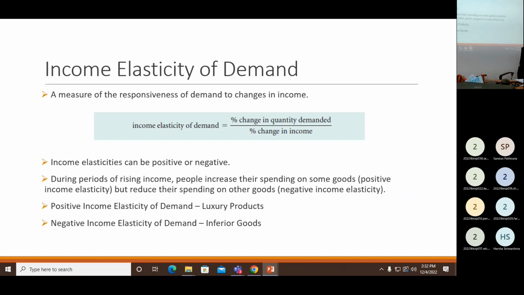If you get a salary increment next year, what would you generally do? Will you buy more groceries? Ideally, no, but in the Sri Lankan scenario, with inflation, grocery will consume that money.